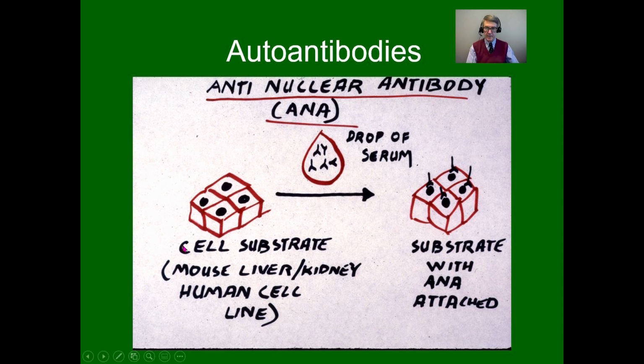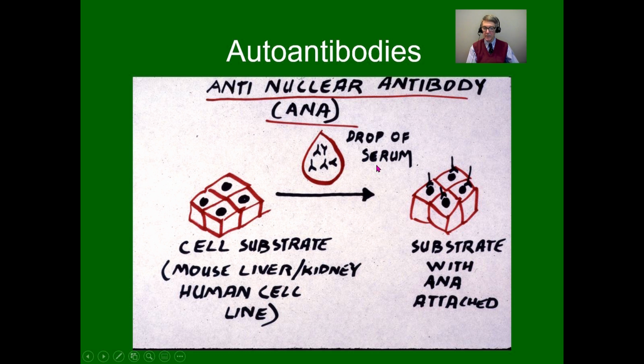one takes a cell substrate, classically mouse liver or kidney were used. However, more recently, human cell lines are used. And then a drop of the patient's serum is placed on a slide of that. Now, the serum is not undiluted.